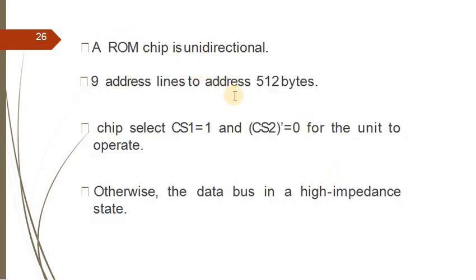So your ROM chip is unidirectional. Nine address lines address 512 bytes. Chip select CS1 equals 1 and CS2 complement equals 0 for the unit to operate. Otherwise the data bus is in the high impedance state.